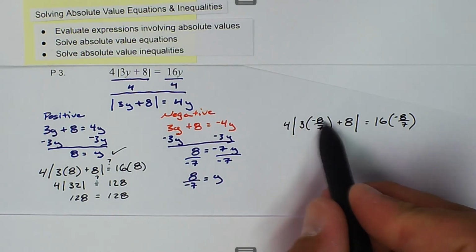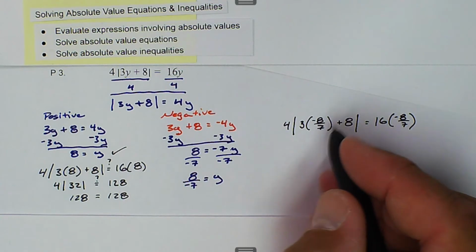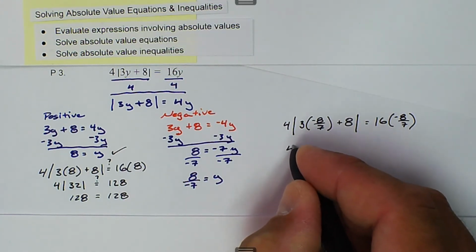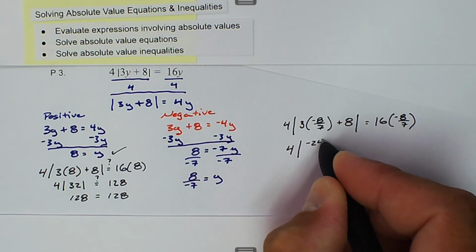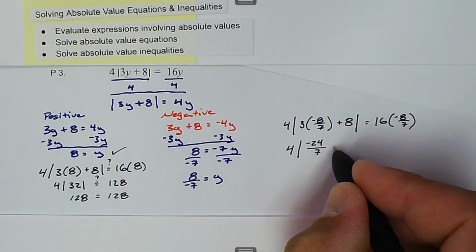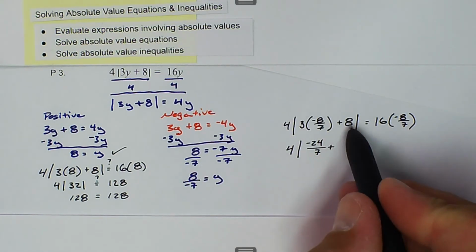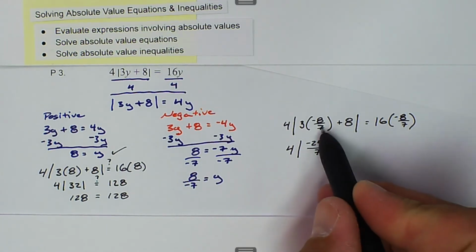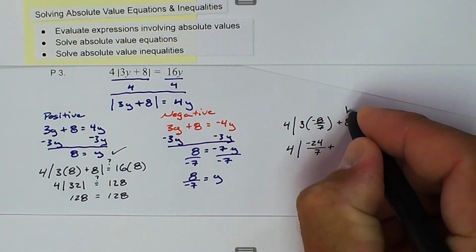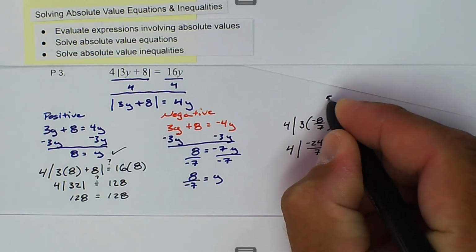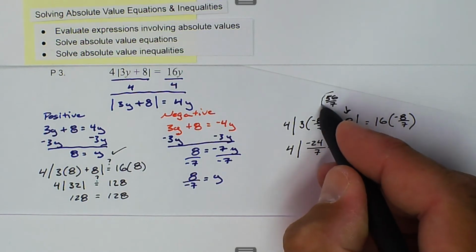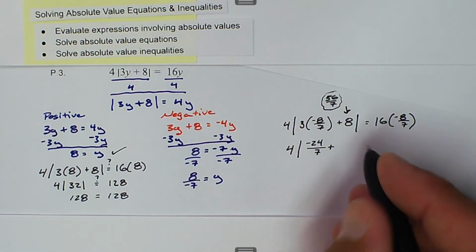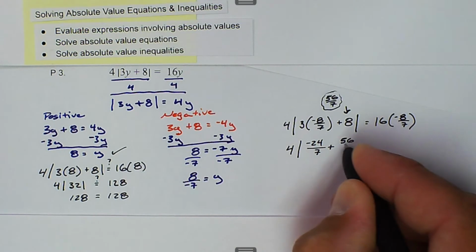So what I'm going to do here is multiply the 3 into the negative 8, and we get 4 times the absolute value of 3 times negative 8 is negative 24 over 7, plus we want to change 8 to have a common denominator of 7. Another way that we could write 8 is 56 over 7. If you say 56 divided by 7, that is equal to 8.